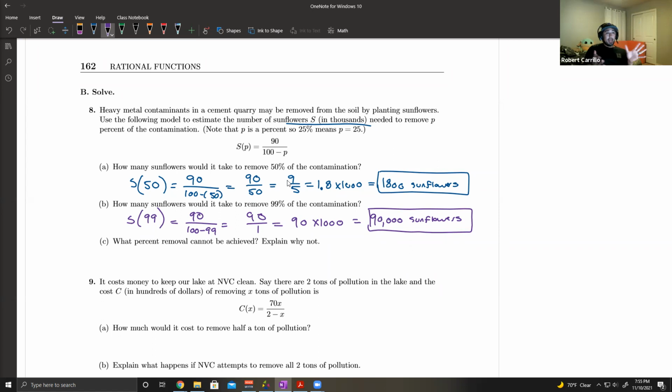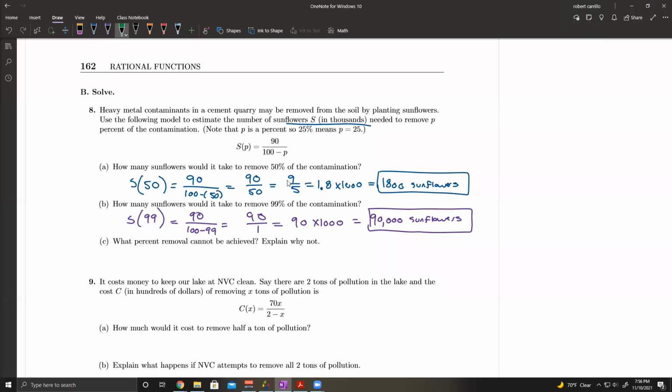Now, C, what percent removal cannot be achieved? What percent of contamination could we not get rid of? 100%. And why is that? What would happen if we plugged 100 into this function?